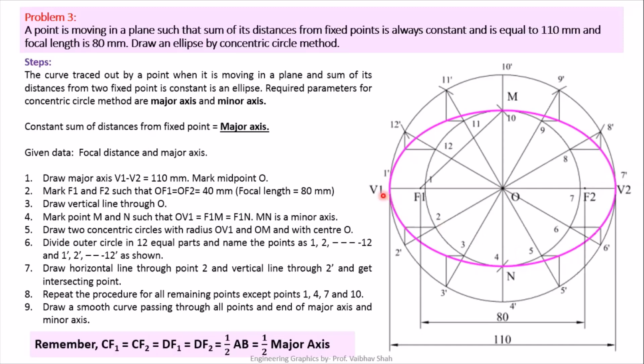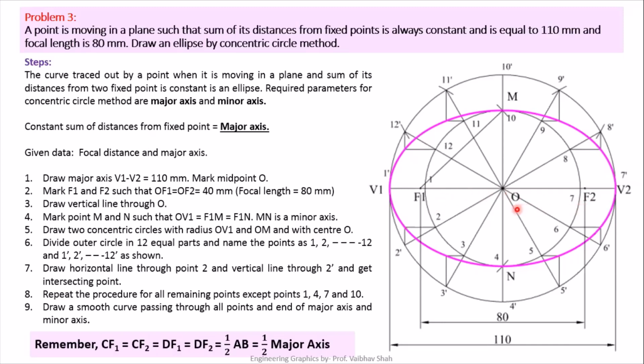So first what we have done is we have drawn one horizontal line V1 V2. After that, we found the center point as O. After that, we located F1 40 mm on the left hand side and F2 40 mm on the right hand side, because the total distance between F1 and F2 is 80.